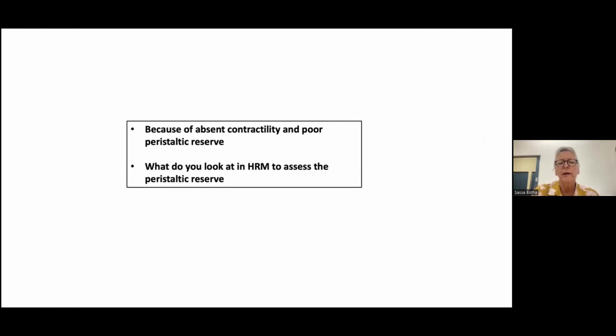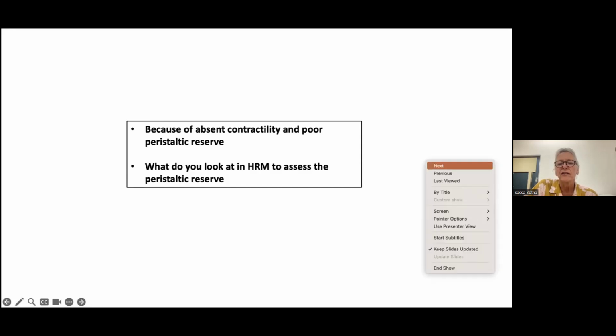You've said multiple rapid swallows and the rapid drink challenge. There's another one. Position change? No, it does go with position change, but what is the next provocative test that I can do? I'm not sure. Solid swallows. So you give them bread, 1 centimeter by 1 centimeter, and let them eat, and then you look for clearance contraction to see if there's any reserve.